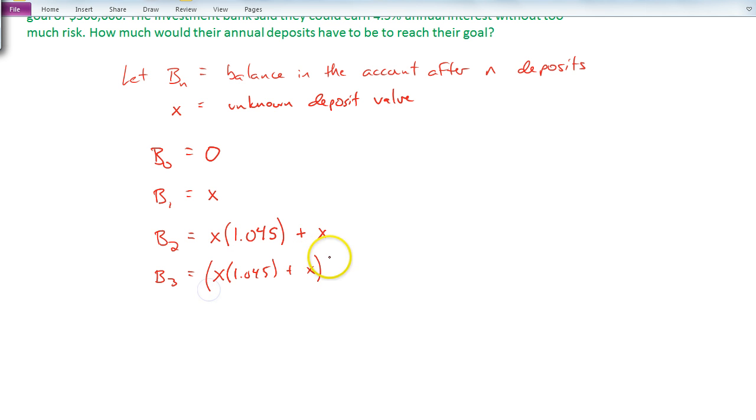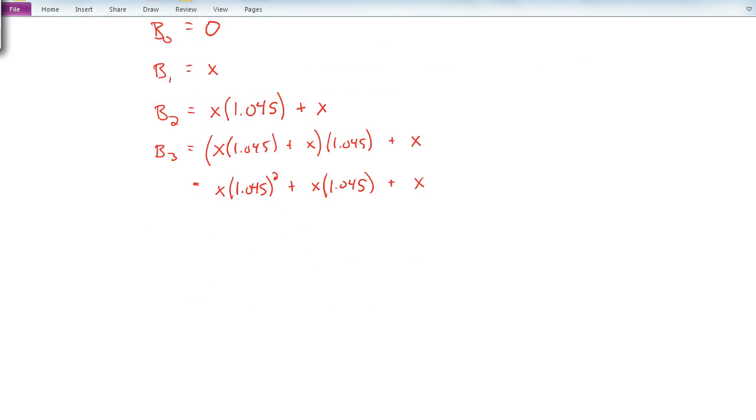That amount is going to earn interest of 1.045, and then we're going to make a deposit immediately. That's when I start counting B sub 3, immediately after that deposit. Then I can simplify this to be x times 1.045 squared plus x times 1.045 plus x. And you can see there'll be a little bit of a pattern emerging. After skipping down, I want to make 18 deposits.